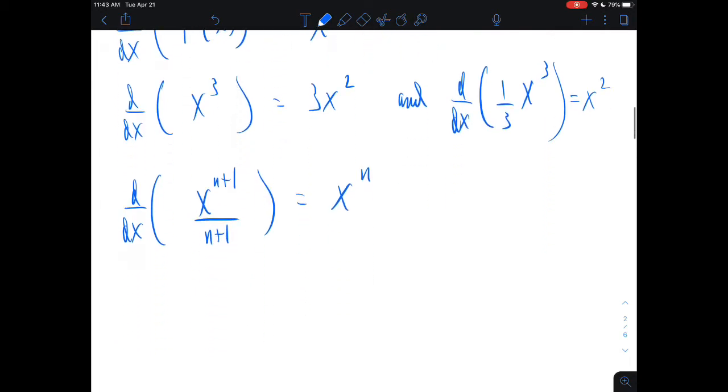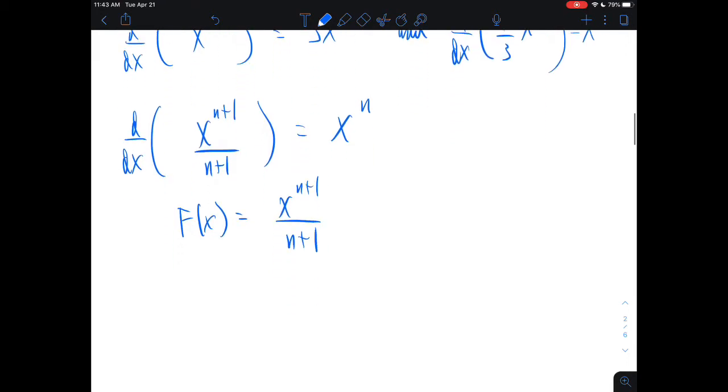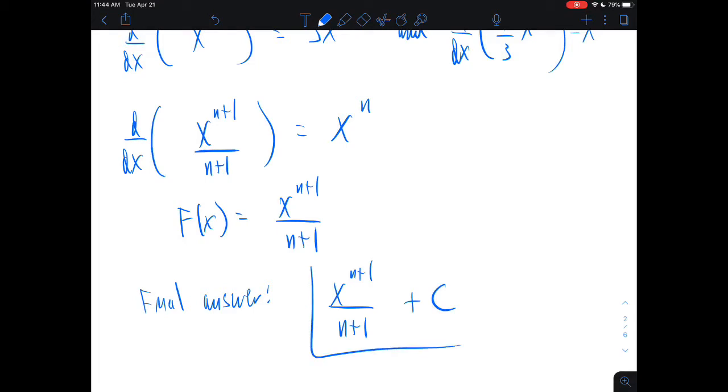The antiderivative, capital F of x, would be x to the n plus 1 divided by n plus 1. So then the most general antiderivative, the final answer, would again be just that function, x to the n plus 1 divided by n plus 1, plus an arbitrary constant.